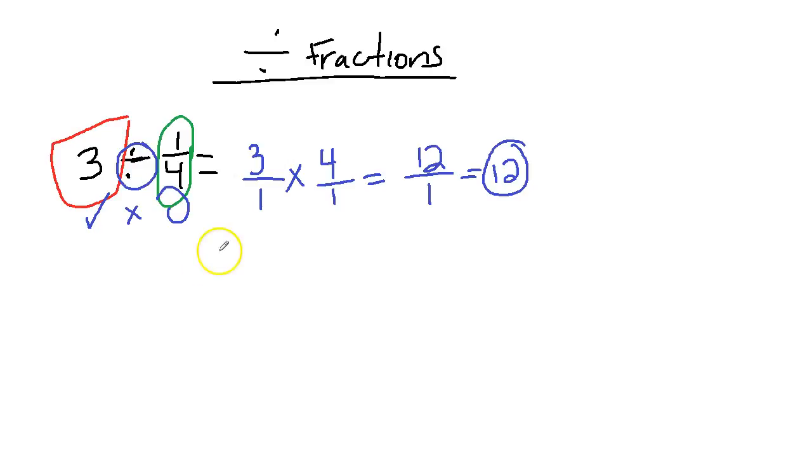But if anything, I'm going to obviously show you another one. Okay? I got to show you another example because, yeah, it might just be a little confusing. Okay? So, what we're going to do is 5 over 7 divided by 10 over 15.